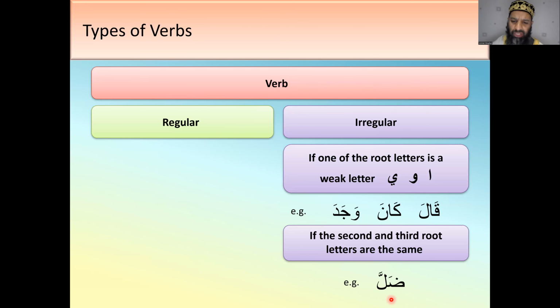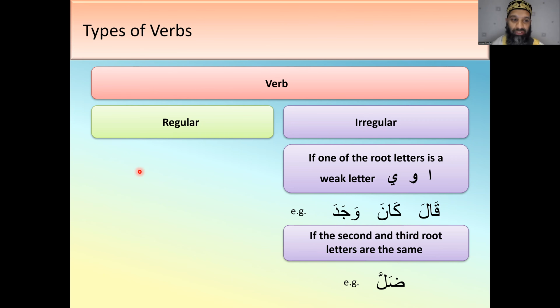There are not many verbs like this. Most of the weak verbs are in the form with the alif, waw, or ya anywhere in them. Can anybody guess what a regular verb is then? Yes, that's right.